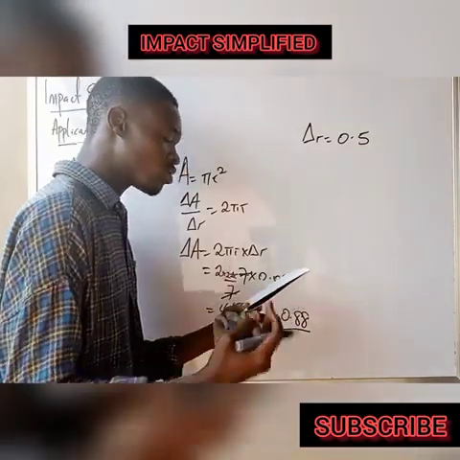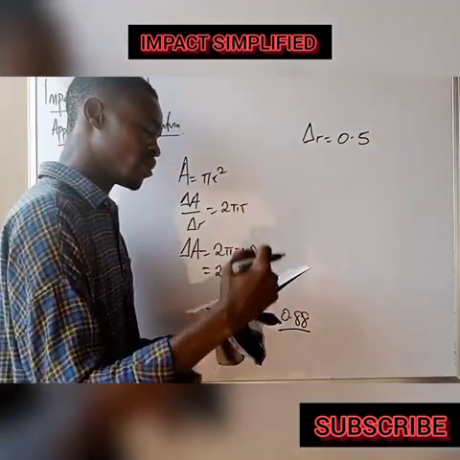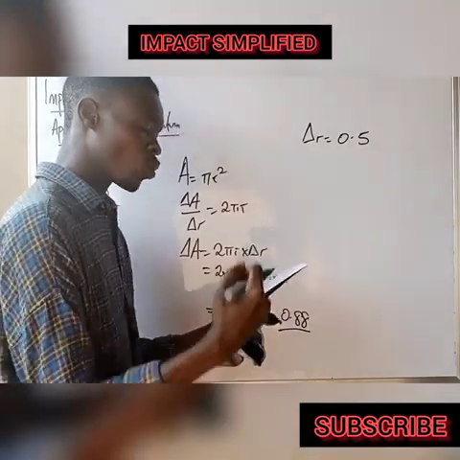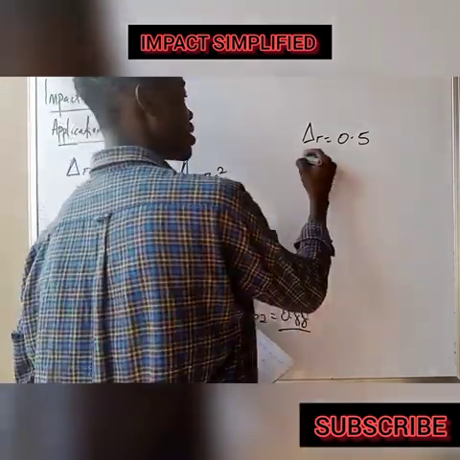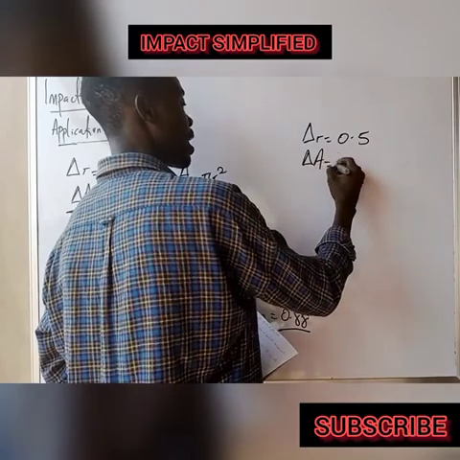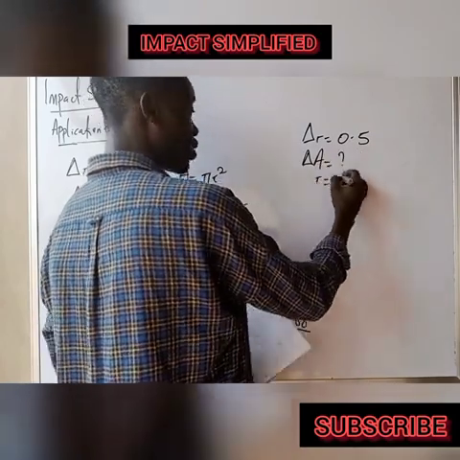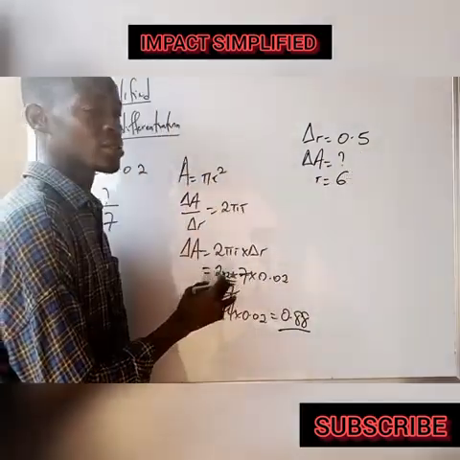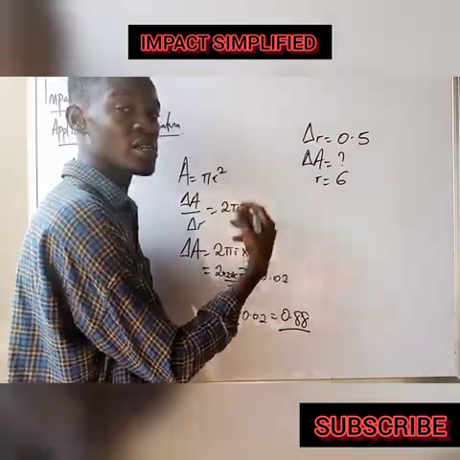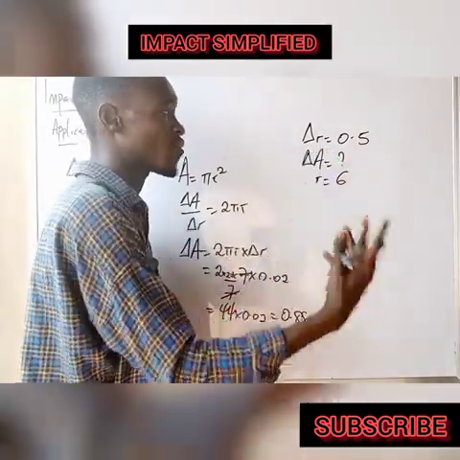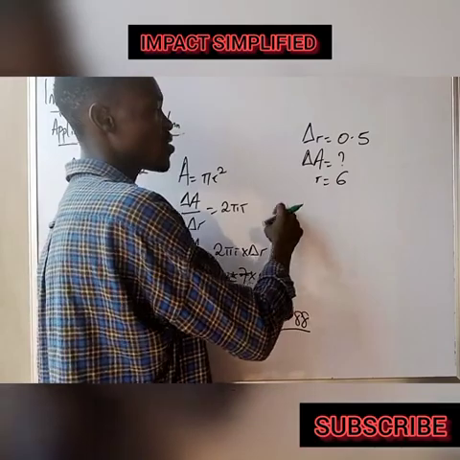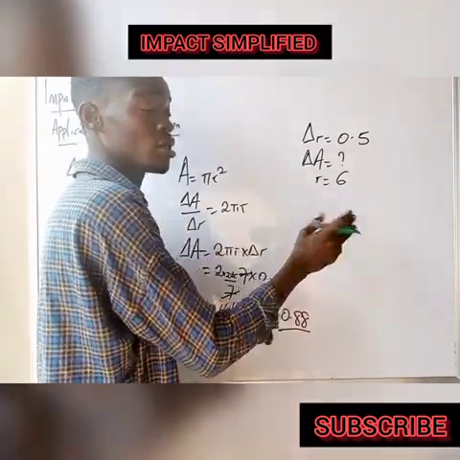They said at what rate is the area of the disc increasing when the radius is 6? That means we are looking for the rate at which the area is increasing when your radius is 6. Do we get that?